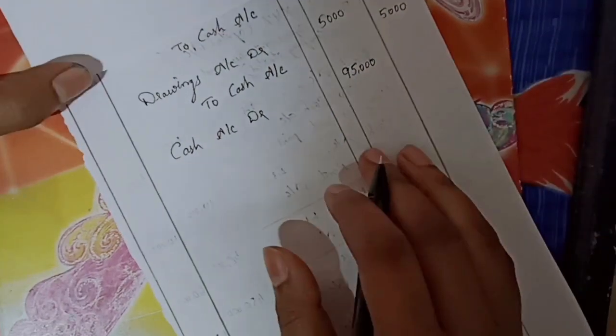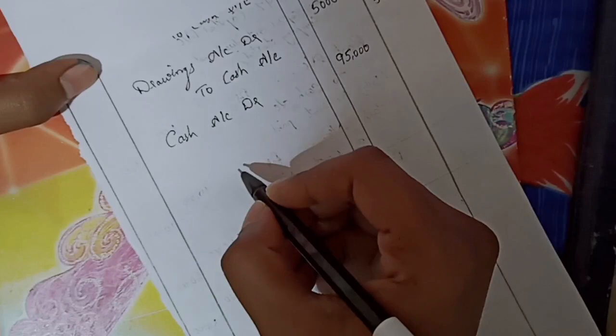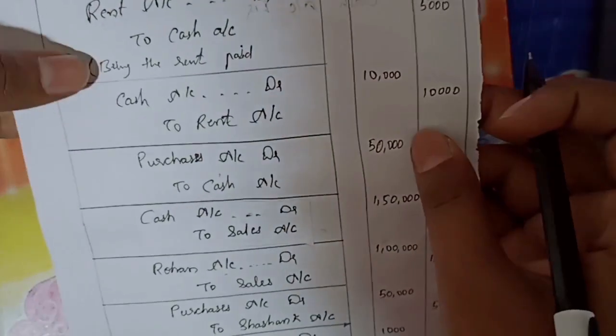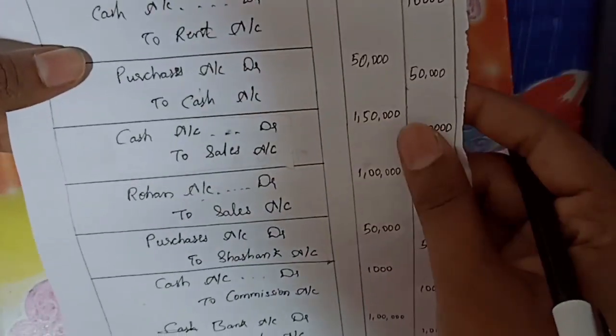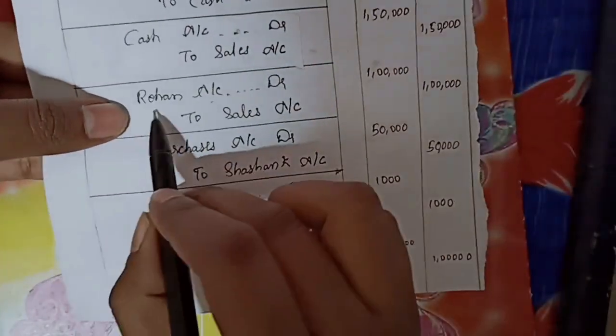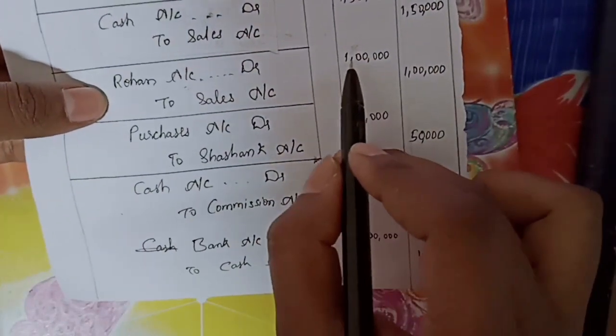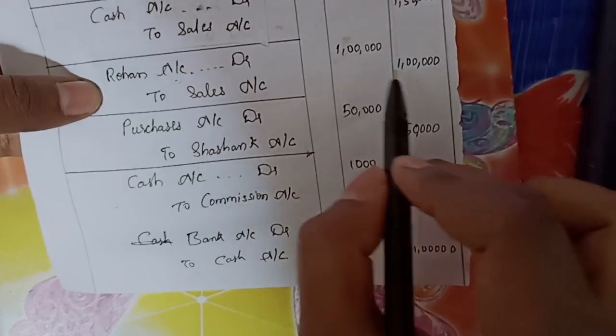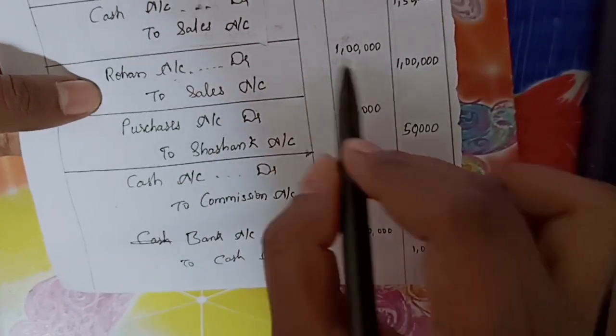He has given 95,000. And who's giving here? Here the Rohan account we have debited. To cancel it, we should record the same amount in the credit side. So if the debit is equal to credit, the account will be cancelled.